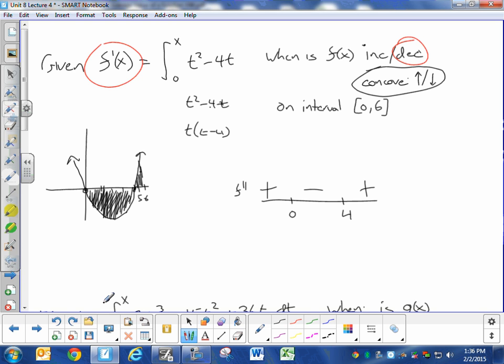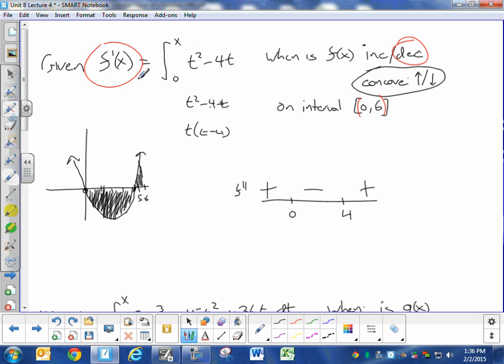If I do the same thing from 4 to 6, whoa, it's actually the same. So all the values are going to be negative until we get to 6, and that's when it's going to be 0. So from 0 to 6, yeah, it's decreasing.